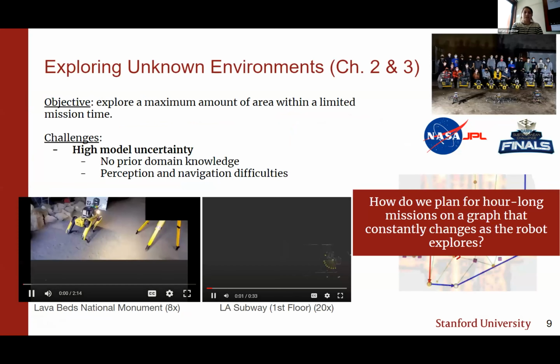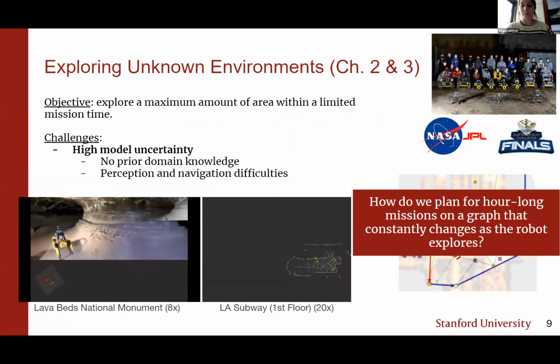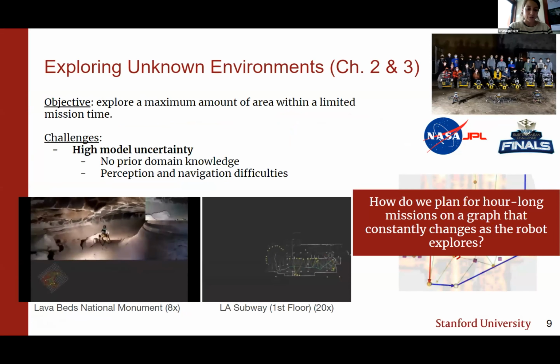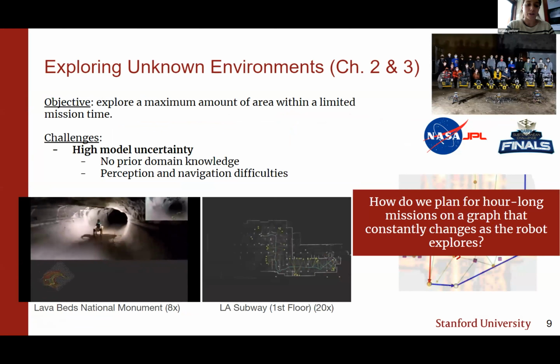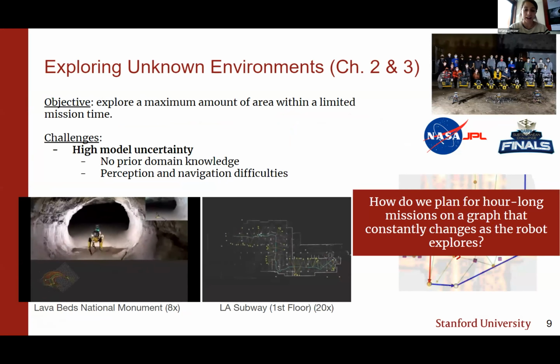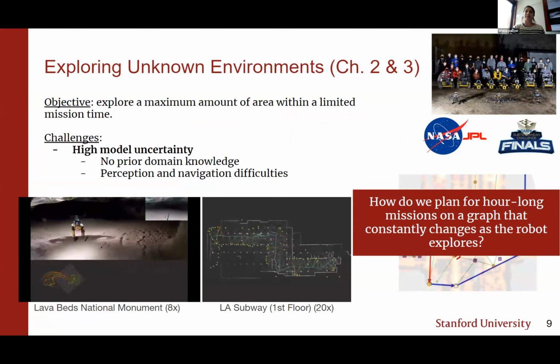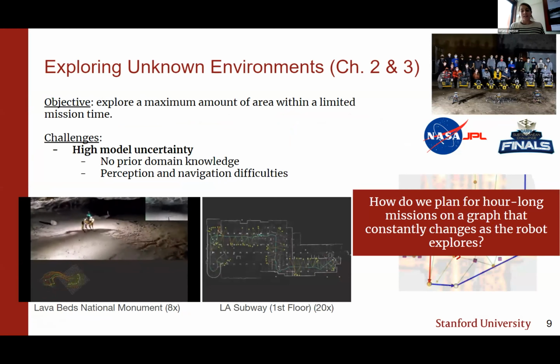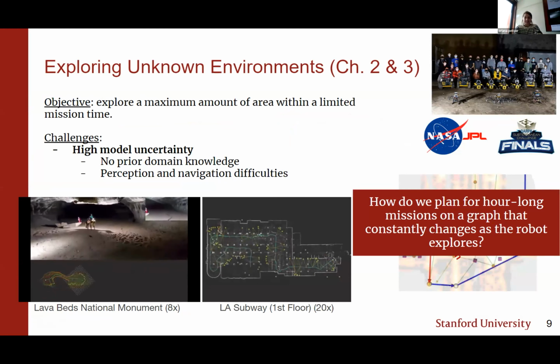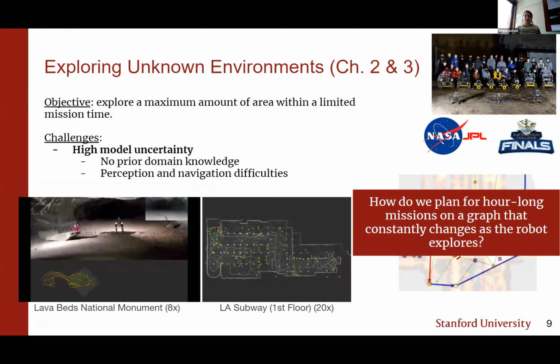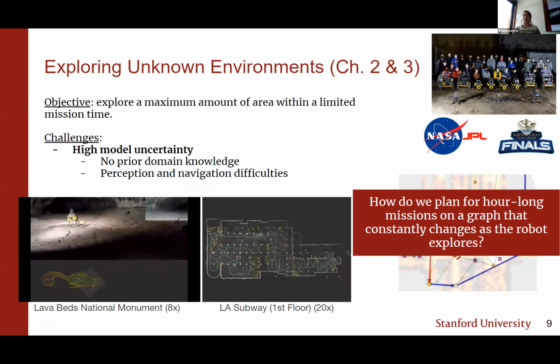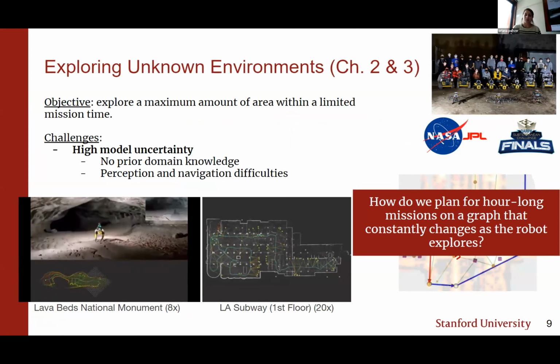For exploring unknown environments, this project was a collaboration with the team at JPL, around 2020, 2021, and they had a team that was participating in the DARPA Subterranean Challenge. This challenge is made to imitate some disaster response scenario.